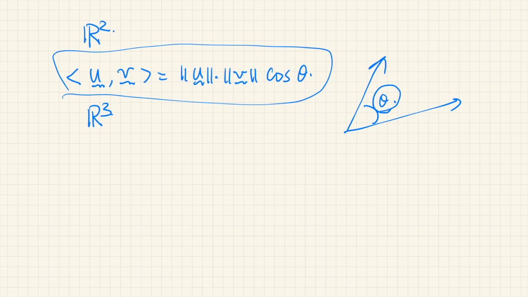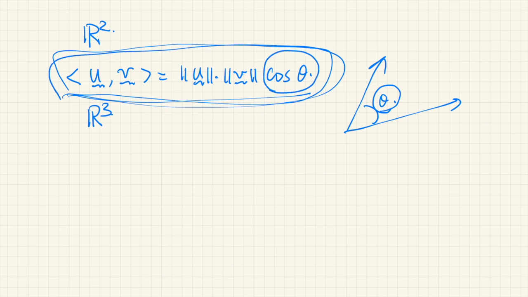Instead, we reverse the argument: instead of proving this, we use this relation to define the angle. So instead of finding the angle, we define the angle between two vectors by this equation. So how can we do that?